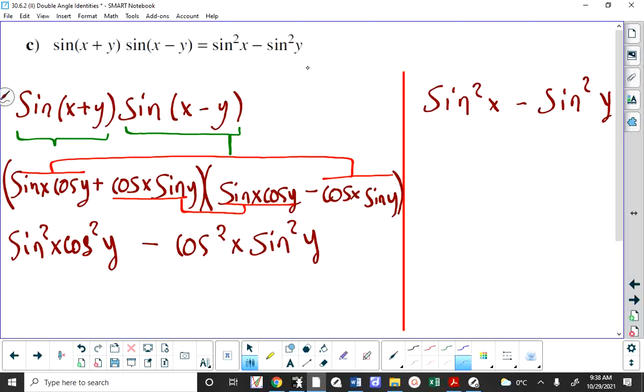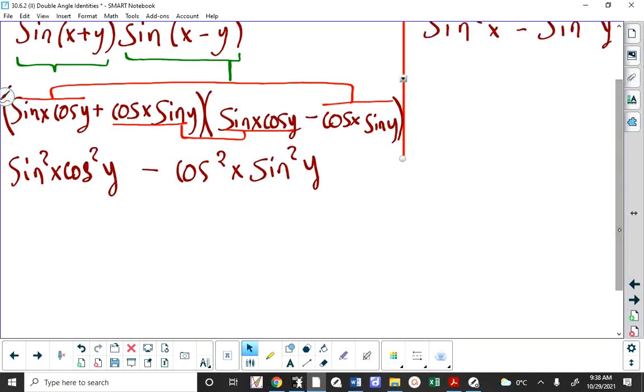So here we're going to keep our eye on the right-hand side, and since there is no cosine, I'm going to get rid of my coses. And I'm going to get rid of my cos squared of y by putting in 1 minus sine squared of y.